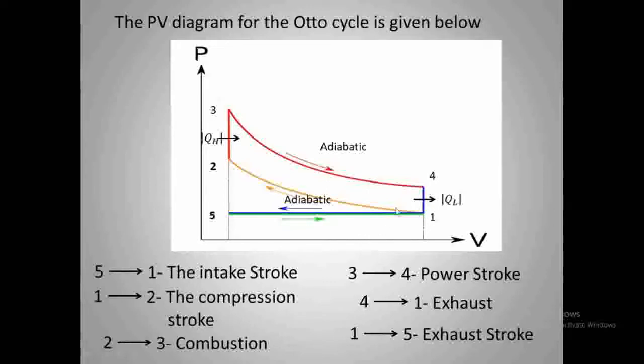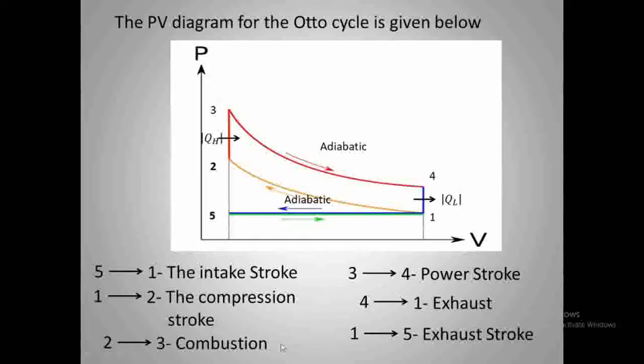That is, from 1 to 2 it is the compression stroke. From the atmospheric pressure, the pressure may change to some P1 value. The temperature may change from some T1 to T2 value, or the volume may change from some V1 to some V2 value.